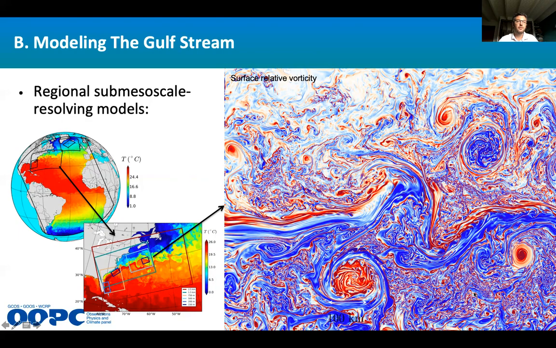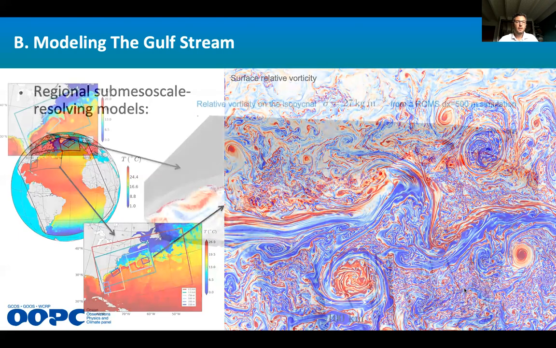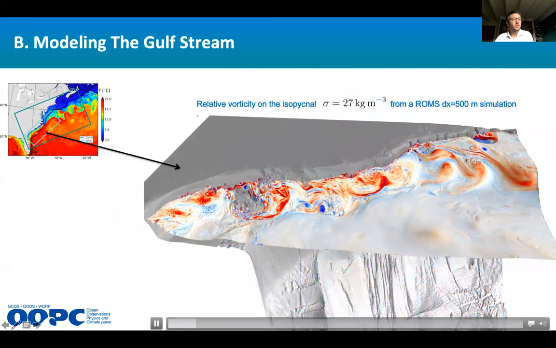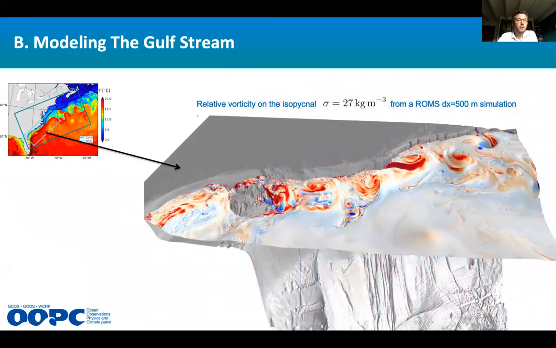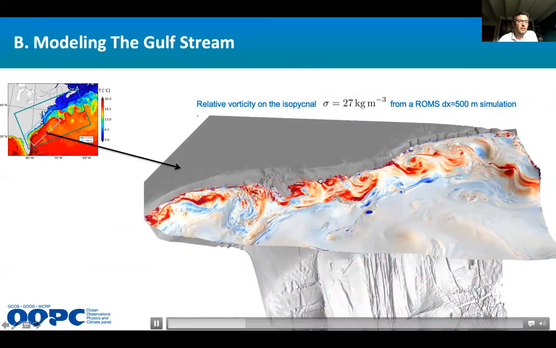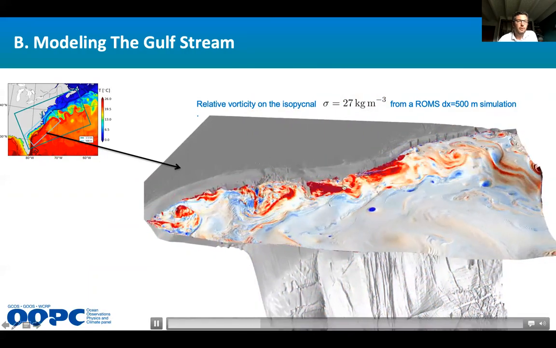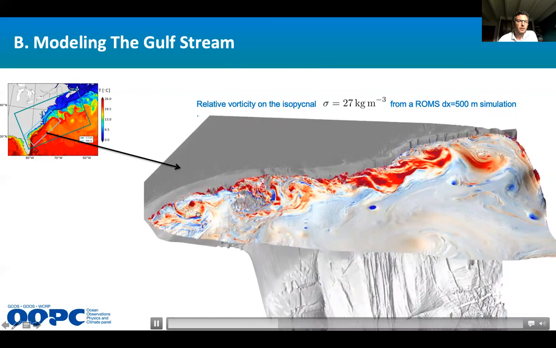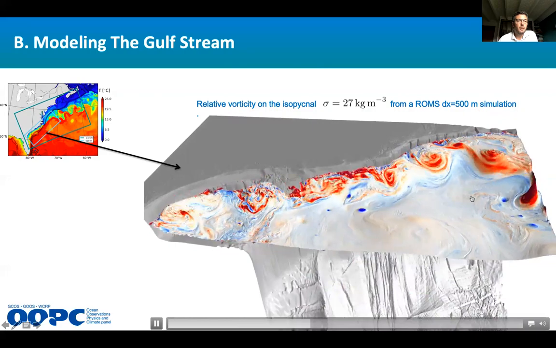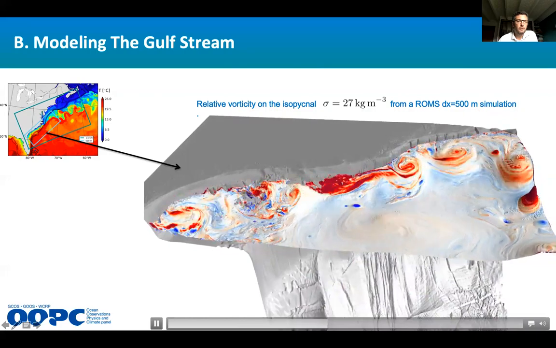this kind of scales. There are also important small-scale processes happening at the bottom of the ocean, especially where the current interacts with the topography. You can see an animation here of the Gulf Stream flowing along the slope. The colors are showing relative vorticity, and the surface corresponds to one isopycnal in the model.